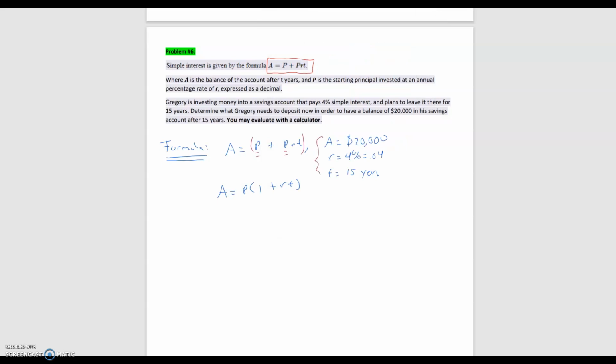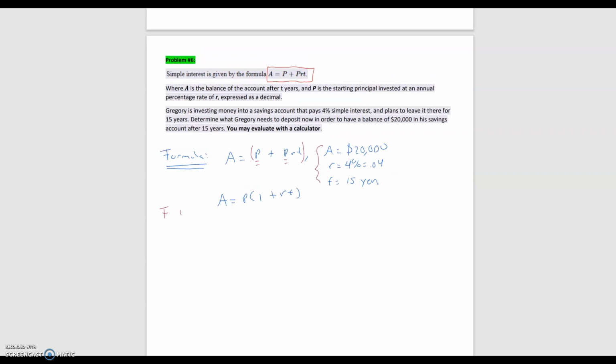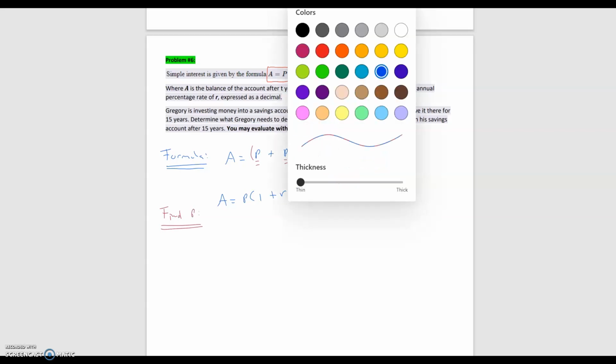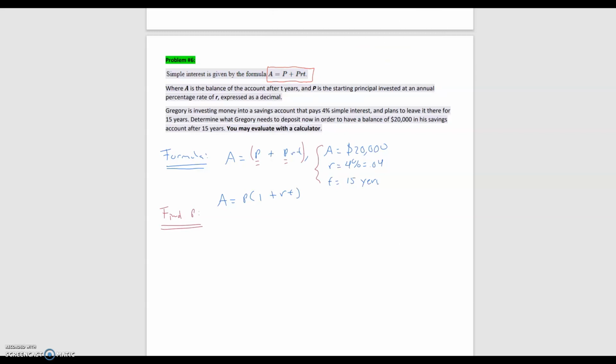Let me just rewrite it as find P. So we're plugging in the 20,000.